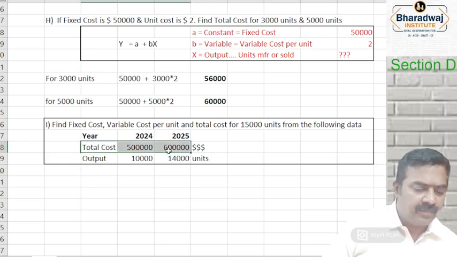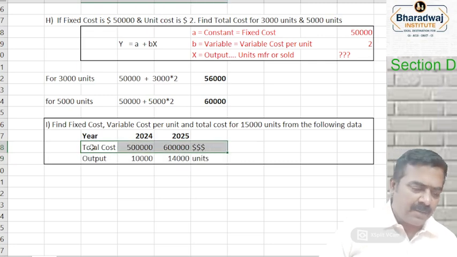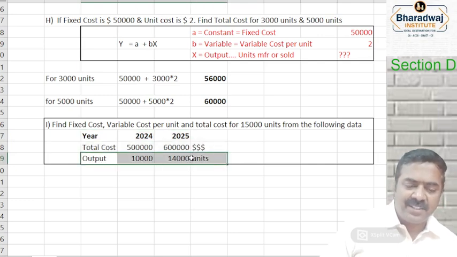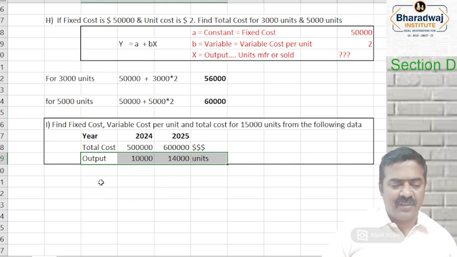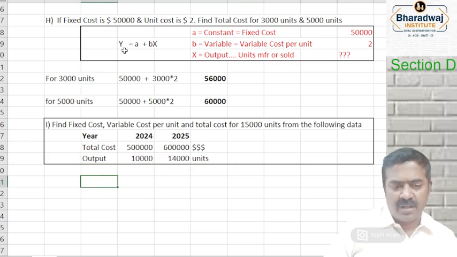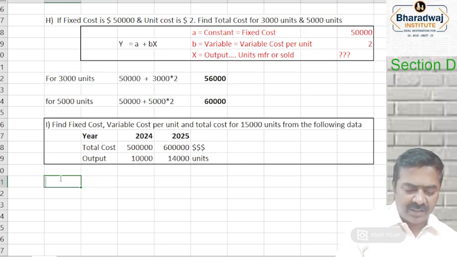Shall I? Why does the total cost change? Is it because of the fixed portion or the variable portion? Because of the variable portion. Simply, you can work it out by a shortcut method.